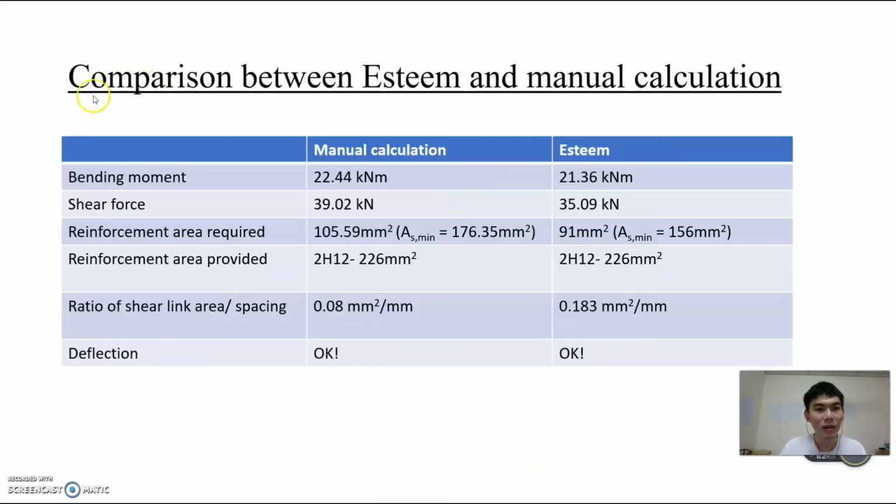After that, this is the comparison between Esteem and manual calculation. So the bending moment we can see here. Actually, the difference between manual calculation and Esteem is very little, which the bending moment is around 1 point something for the difference. And after that, the reinforcement area provided is also same, and deflection is also okay.